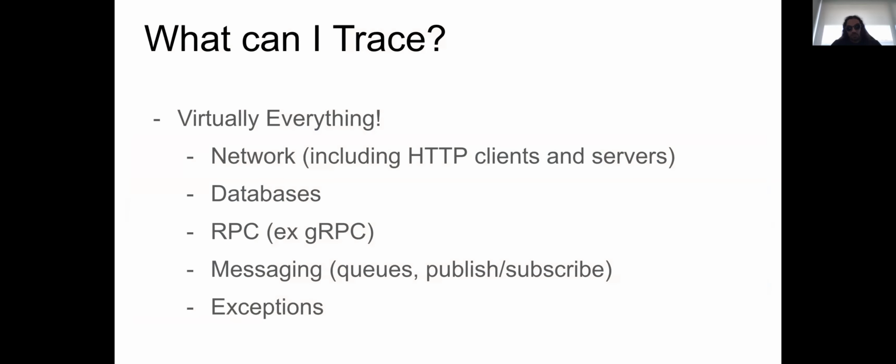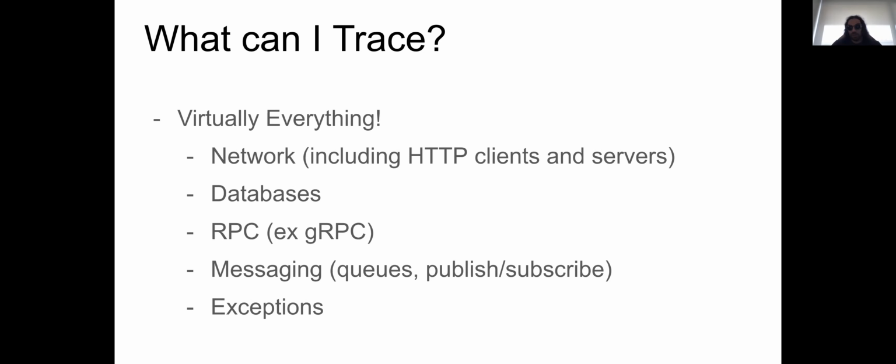Okay, so what can I trace? There's a bunch of things you can trace, and I'd say you can trace virtually everything. You can trace the network, of course, including HTTP clients and servers, databases, gRPC calls, messaging queues, Kafka, ActiveMQ, you name it, exceptions.